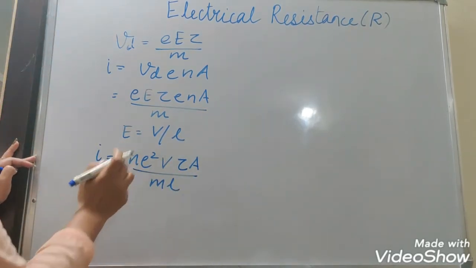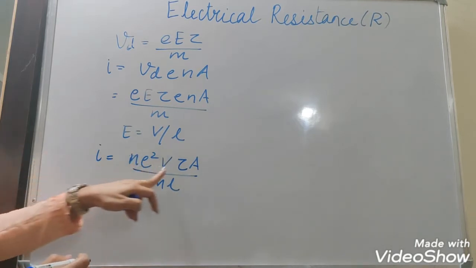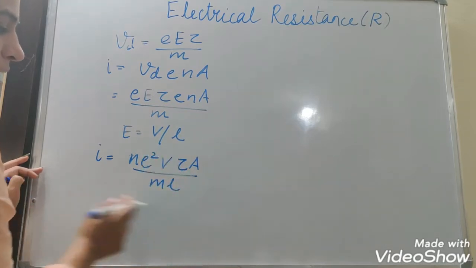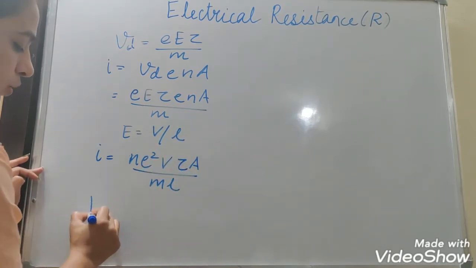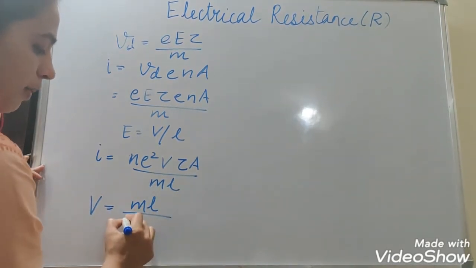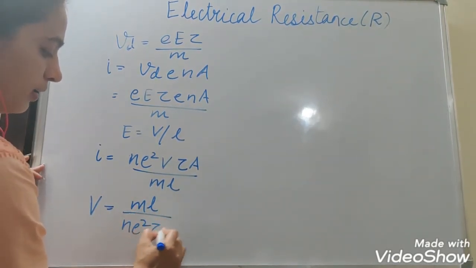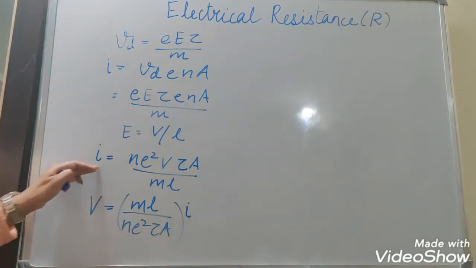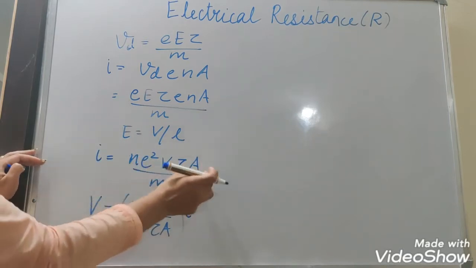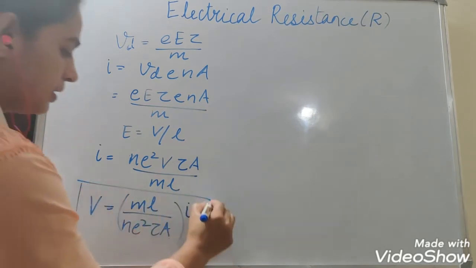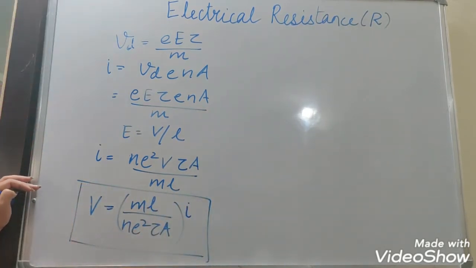Okay, so we get the expression for I and V. Taking all the terms except V to the left hand side, V is equal to ml upon n E square tau A into I. So ml goes up, n E square tau A comes down. This was the relation which we got yesterday for V proportional to I.